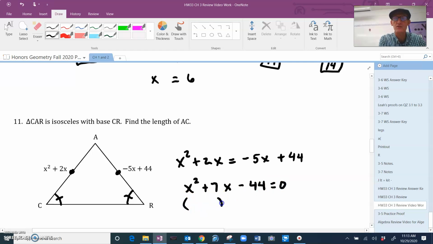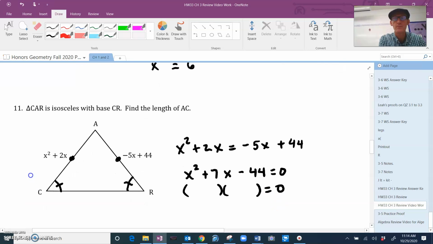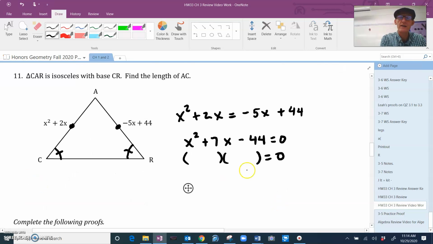Now I have to factor this. So I get x minus 4, I guess, and then x plus 11, because 11 times negative 4 is negative 44, and 11 minus 4 is 7.